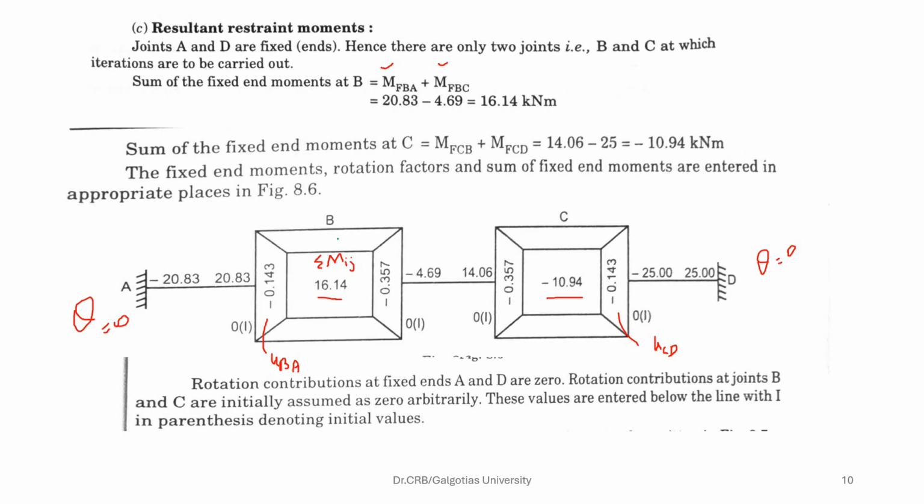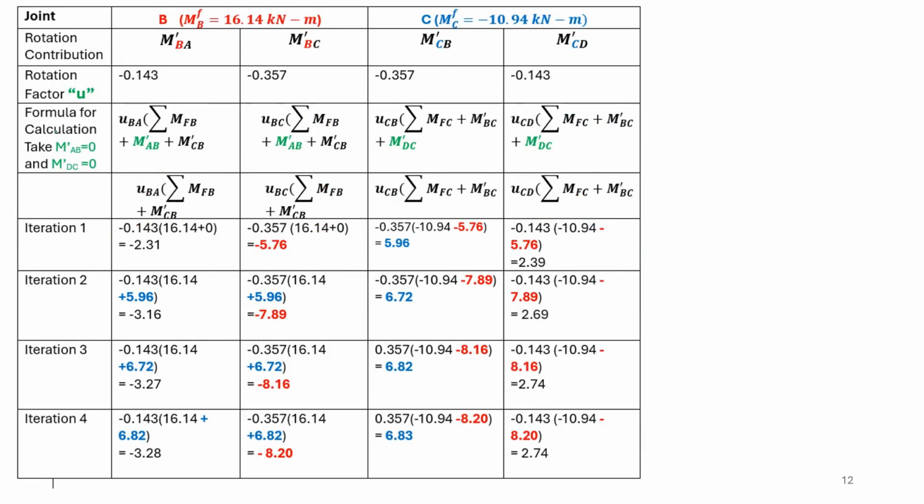Now in this example, you can see that first the fixed end moment is 16.14 kilonewton meter and the summation of fixed end moment here is minus 10.94. Now the rotation contribution factor is minus 0.143 for BA, and for BC it is minus 0.357.